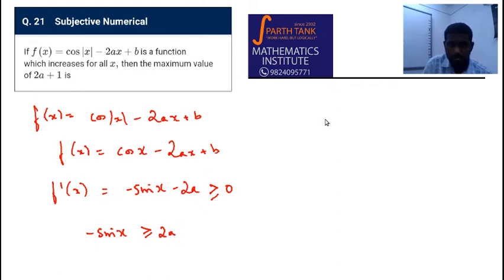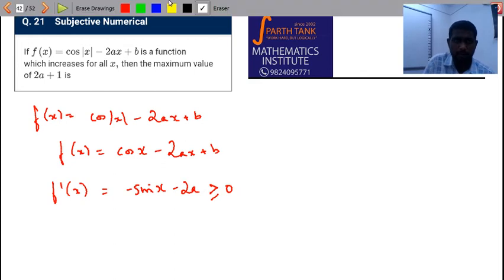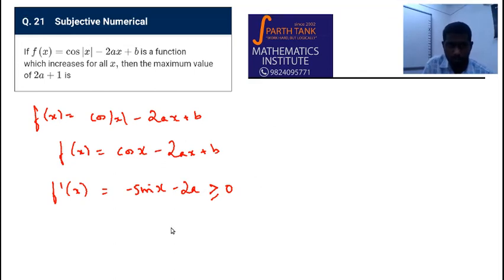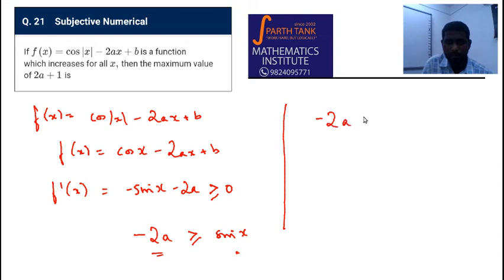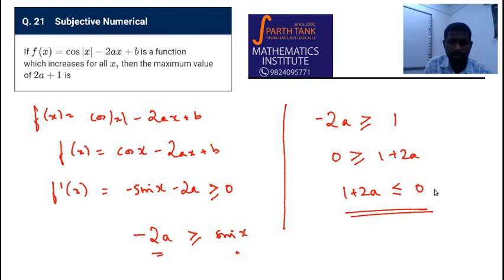Or let us say, this would have been better the other way, that is, minus 2a should be greater than or equal to sine x. Now minus 2a should always be greater than or equal to sine x, and therefore sine x's maximum value is 1. So minus 2a should always be greater than or equal to 1. Now this would give me 1 plus 2a should always be less than or equal to 0.